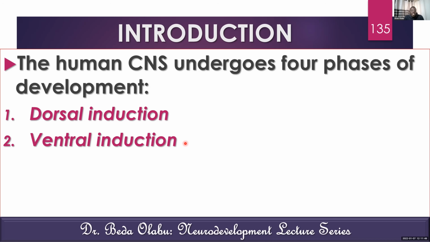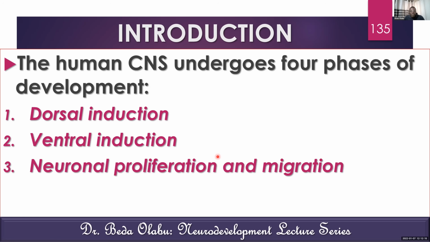That refers largely to the prosencephalon being patterned to give you telencephalon and diencephalon. Well, ventral induction is not limited to the forebrain only. We also see the influence of ventral induction on the midbrain as well as the hindbrain, but it's largely for cleavage of the forebrain.